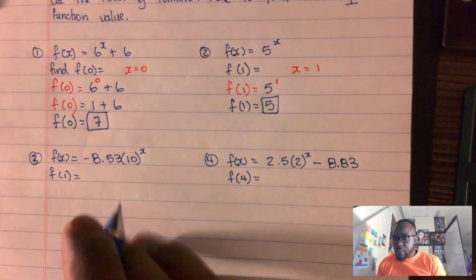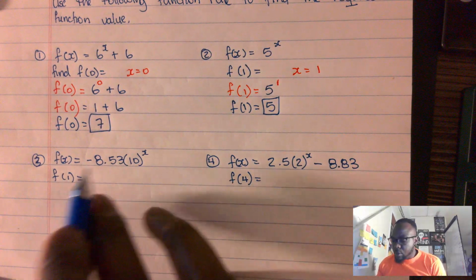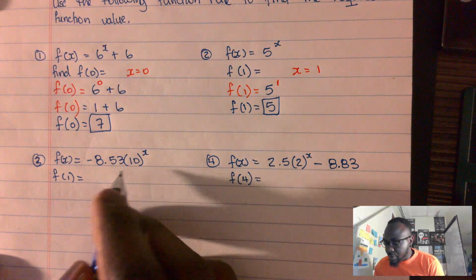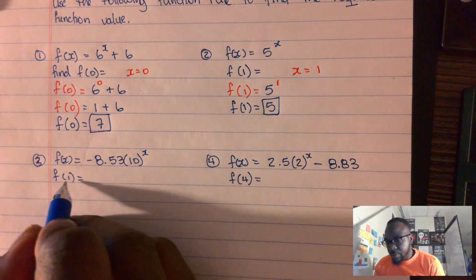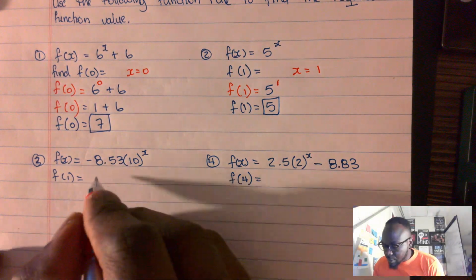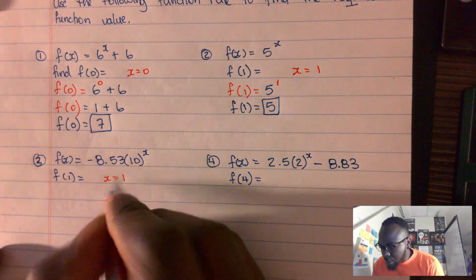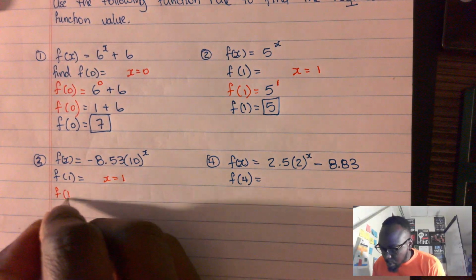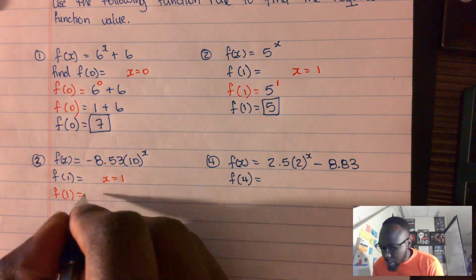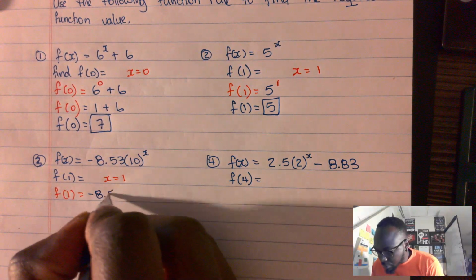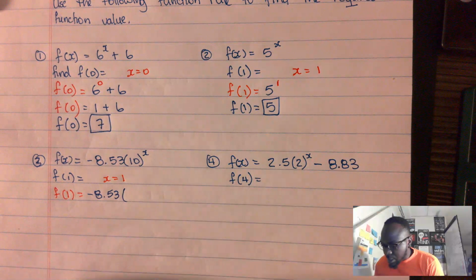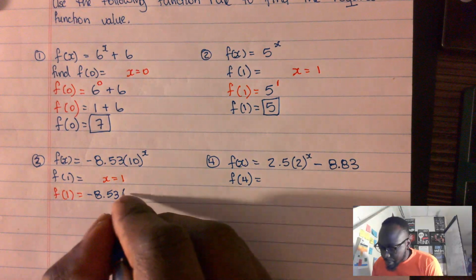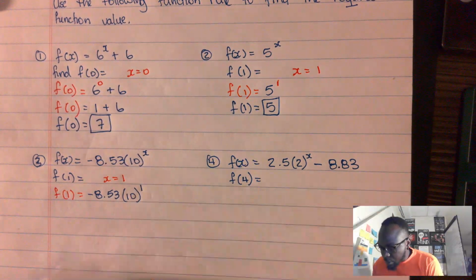All right, so let's look at some more complicated ones. Again, it's nothing different. Find f of 1. Wherever you see x, you're going to replace it with 1. So f of 1 is equal to negative 8.53 times 10 to the 1.